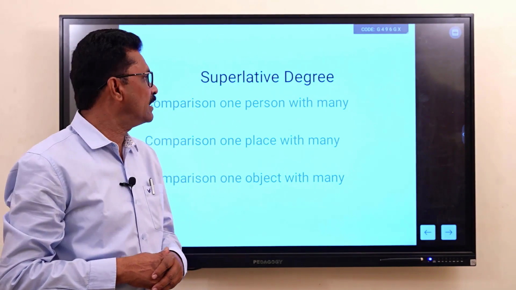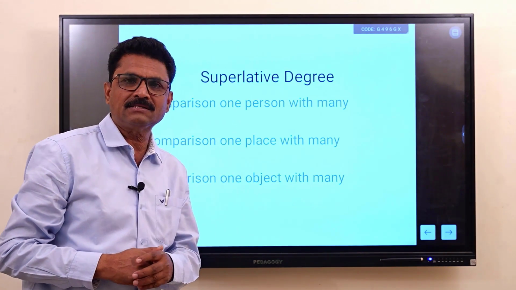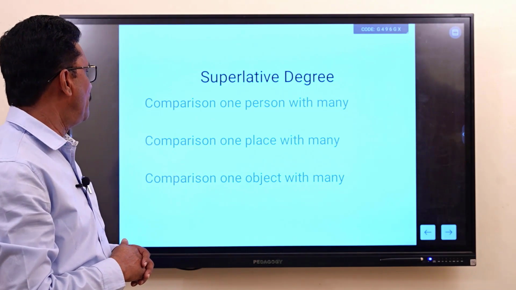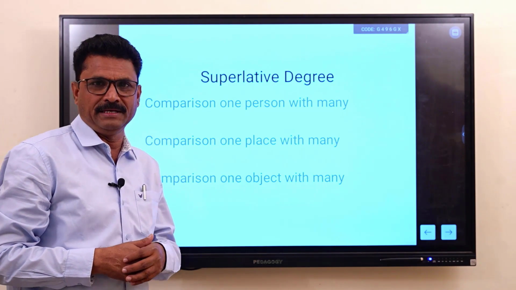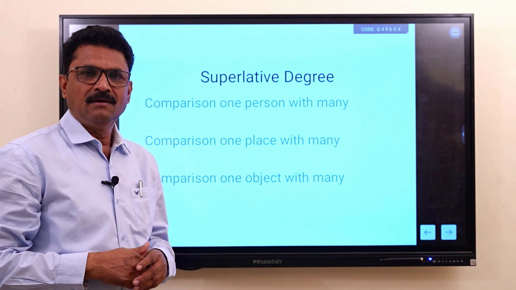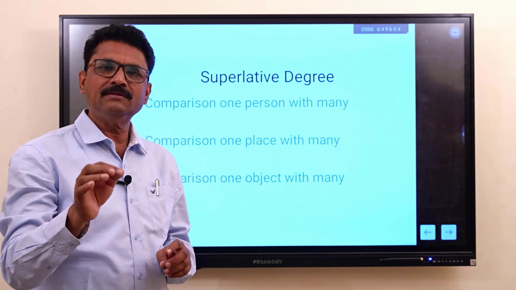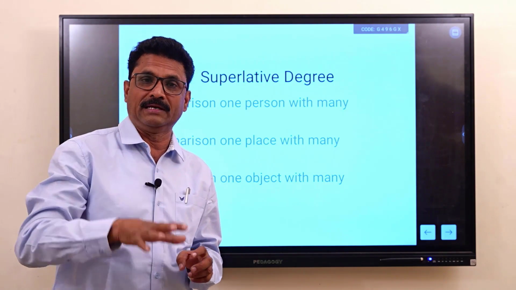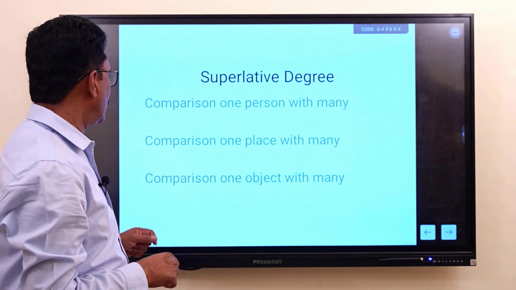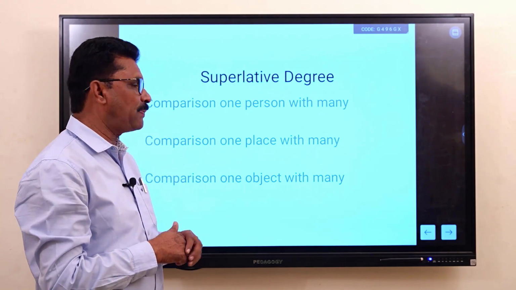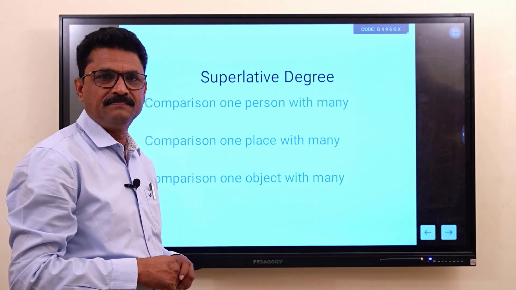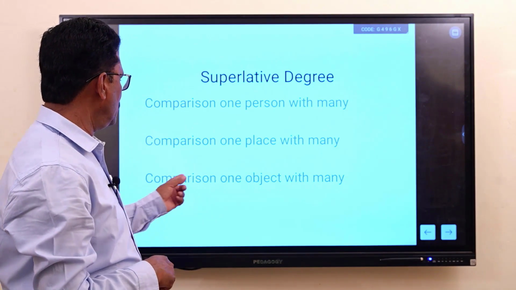Look here, superlative degree. As far as the superlative degree is concerned, it is a comparison of one person with many. It means we can compare one person with many persons in a superlative degree. We can make a comparison of one place with many places, and one object with many objects.